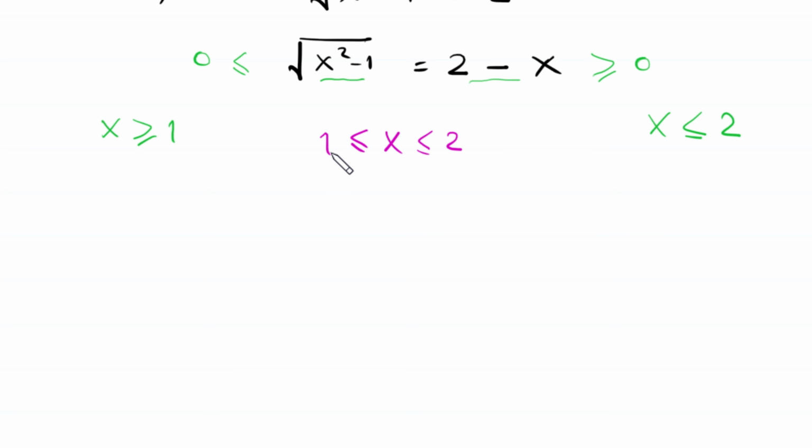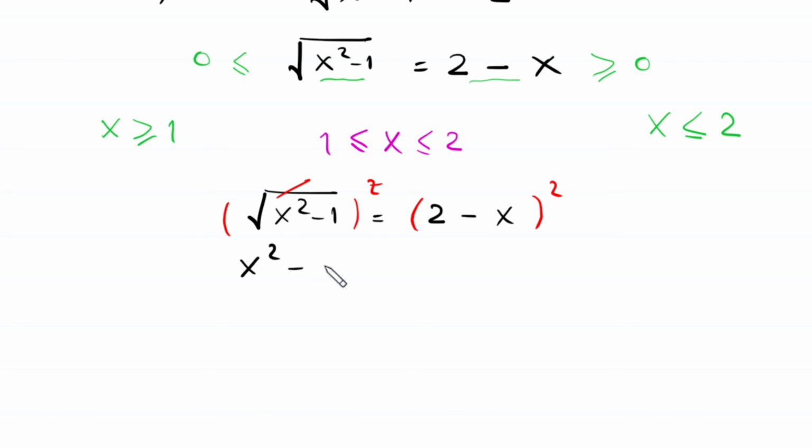Now we square both sides of this equation. This is the square root of x squared minus 1 equal to 2 minus x, and we take square of both sides. This square will be cancelled out with the square root. On the left hand side we are left with x squared minus 1 equal to, expand this 2 minus x whole squared, this will become 4 minus 4 times x plus x squared.